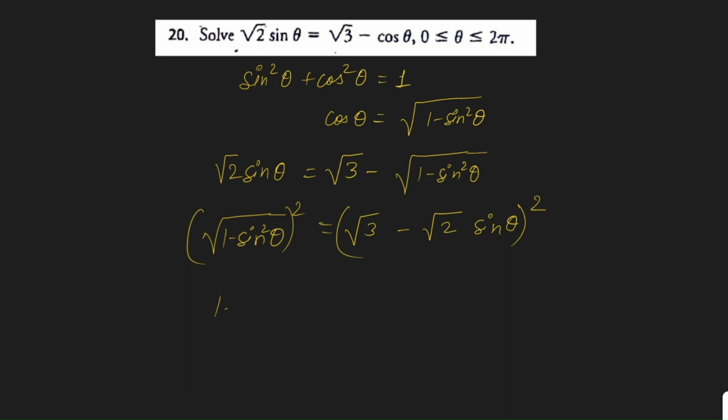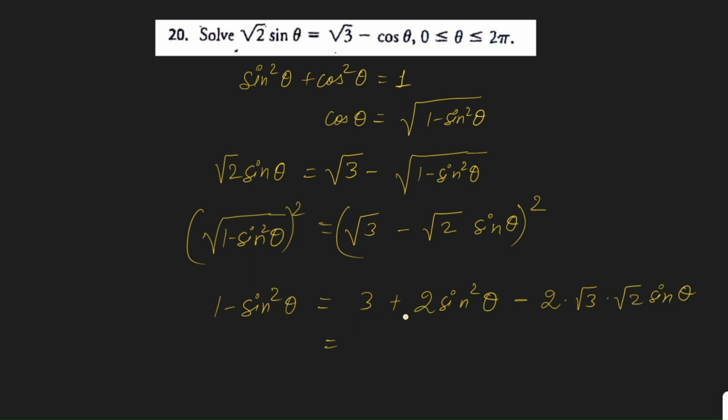So then this comes out to be 1 − sin²θ, and on the right hand side, when opened up, this is (a − b)², so we get a², which is 3, plus b², which will be 2 sin²θ, and then we need to do minus 2ab, so 2 times √3 times √2 sin θ.